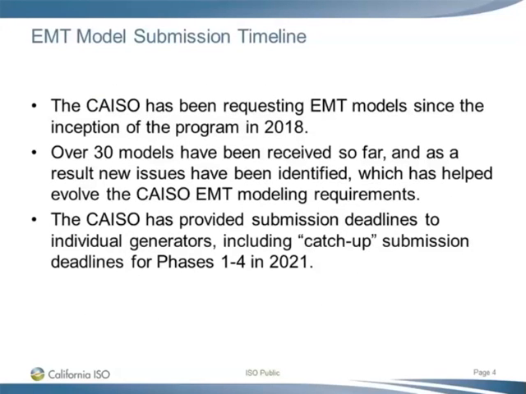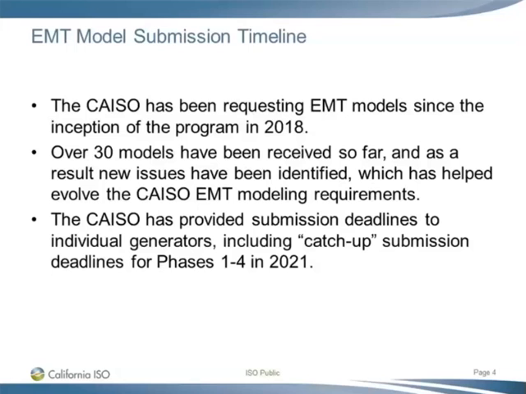So we have been requesting EMT models since 2018, but at that time, both asynchronous generators and synchronous generators were required to provide EMT models only if they are close to a series compensated line. Now the new requirement is that all the asynchronous generators need to provide EMT models. We have received about 30 EMT models so far.